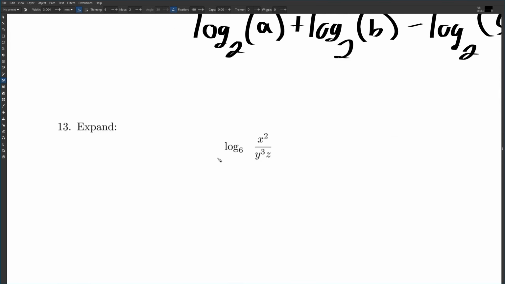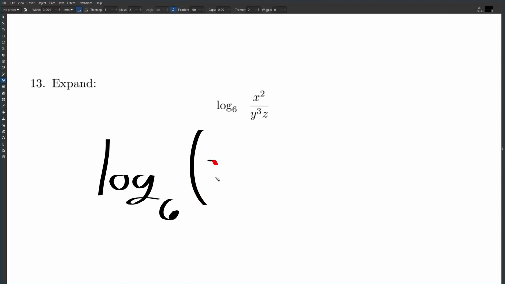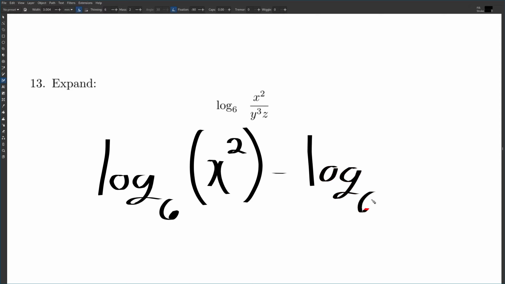Okay, next one. Expand log base 6 of the quantity x squared divided by the quantity y cubed times z. Okay, using the same logic as last time, we're going to have log base 6 of the top and then the bottom. So the top goes here, and then we subtract the log of the bottom, log base 6 of y cubed times z.